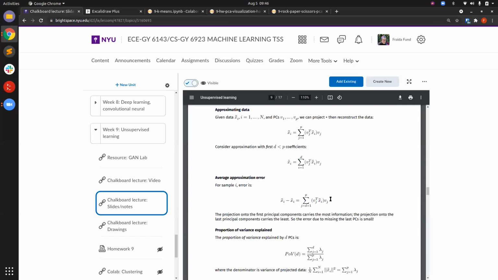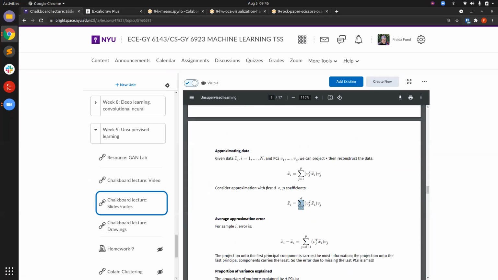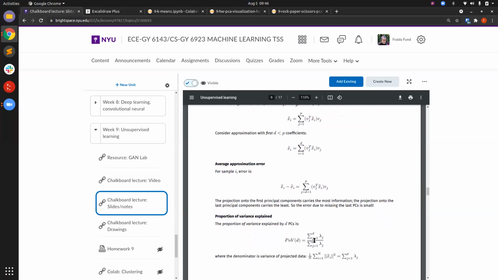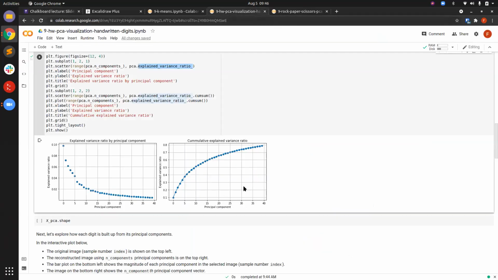When you reconstruct your images using, let's say, the first D coefficients, you reconstruct it using some number of principal components. And so you care about how much of the total variance of the data is represented by the first D principal components. Here we can see that the first 40 principal components together represent 80% of the variance of the image.